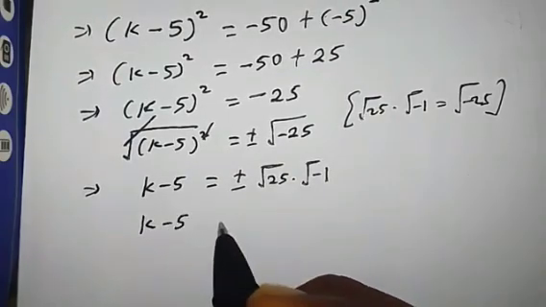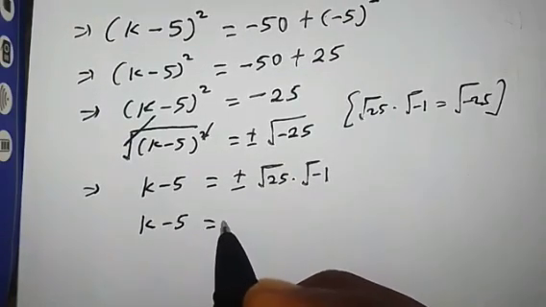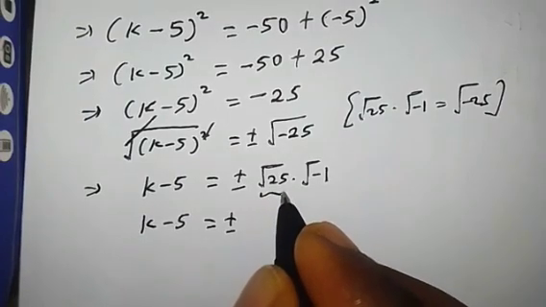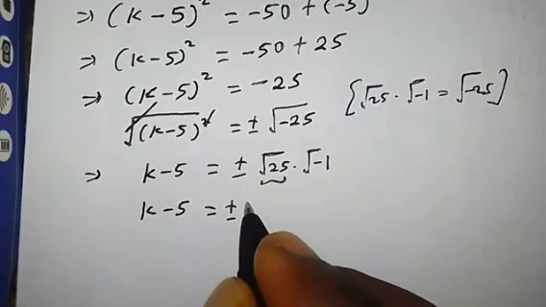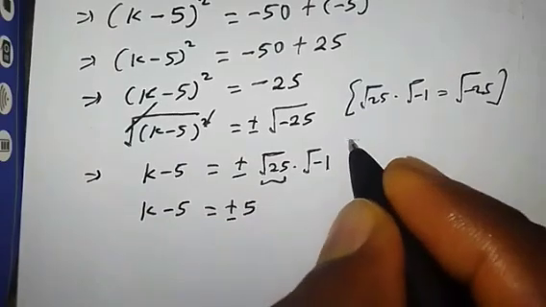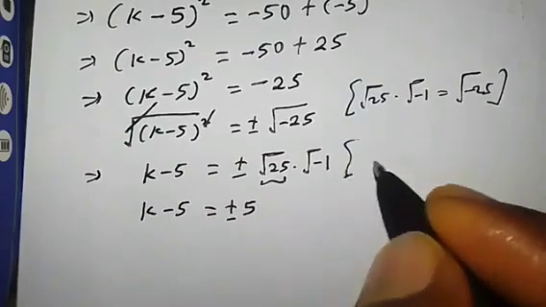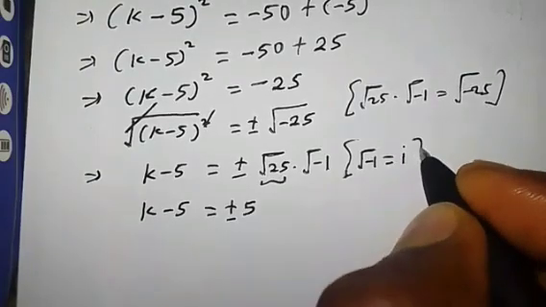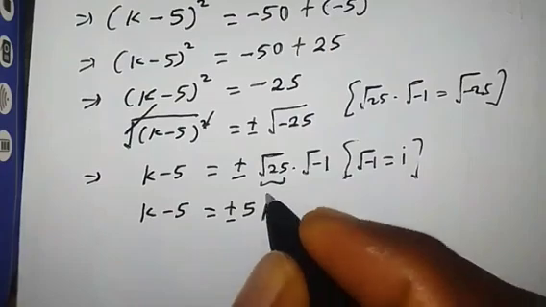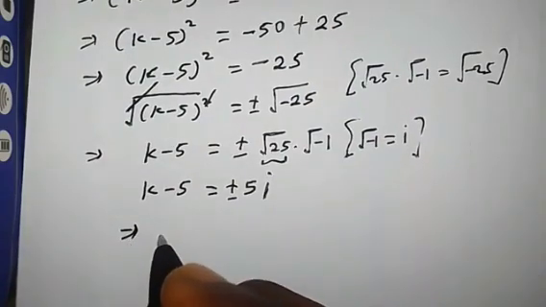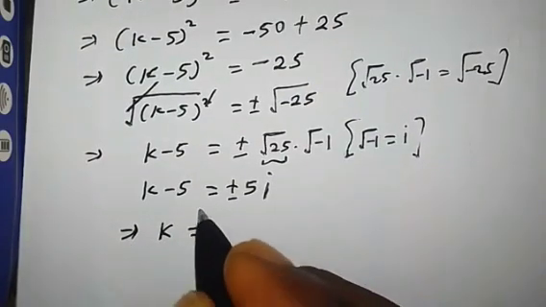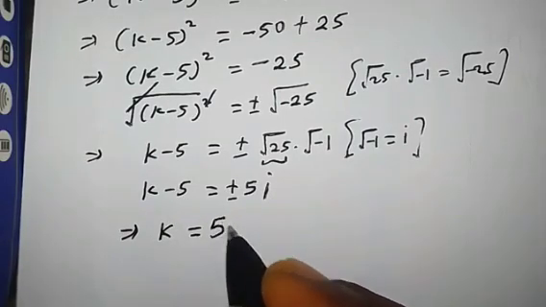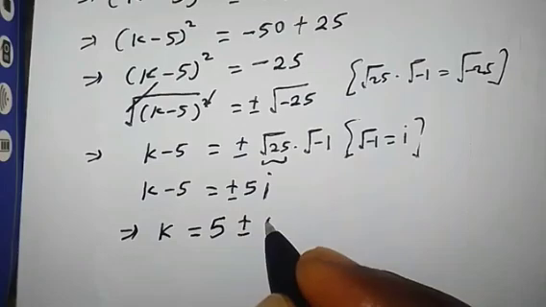So k minus 5 is equal to plus or minus. What is the square root of 25? The square root of 25 is simply 5. And also, from complex numbers, don't forget that the square root of minus 1 is equal to i. So we have i here. This means that k is equal to, moving minus 5 to the right hand side, that becomes positive 5, plus or minus 5i.